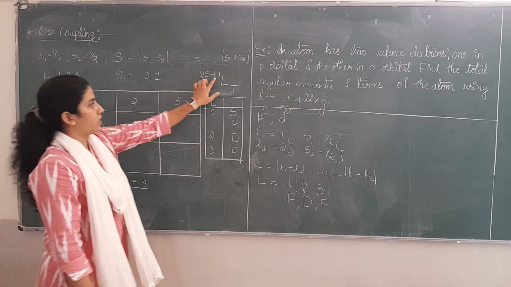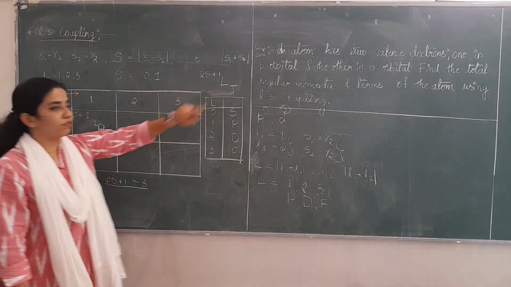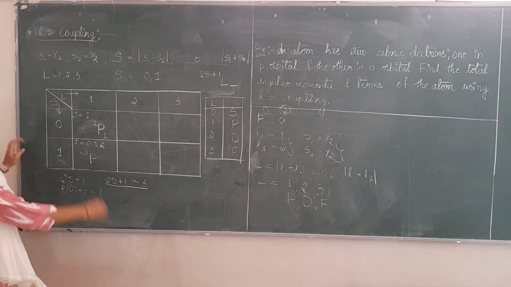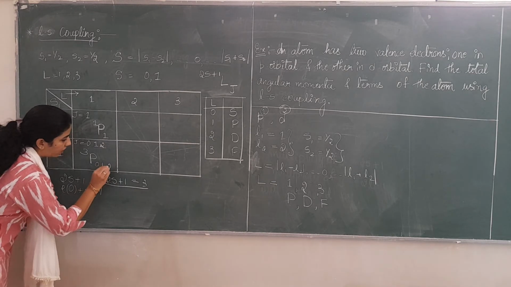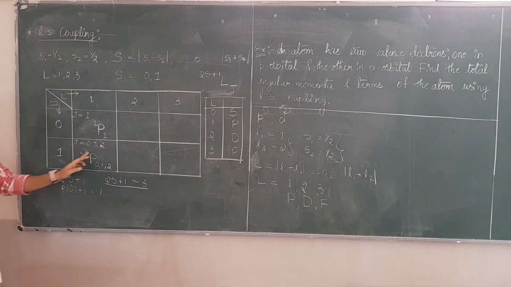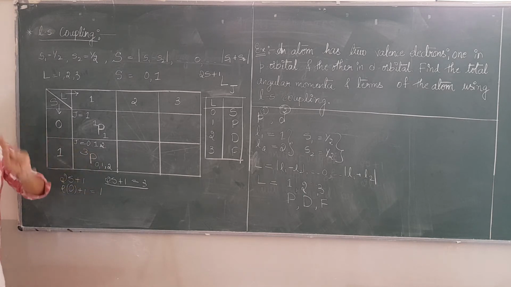Now 2s plus 1 is 3. L is P. What is the value of j here? J has 3 different values. All of them we have to write. 0, 1, 2. 3p0 is one term value. 3p1 is another. 3p2 is another.